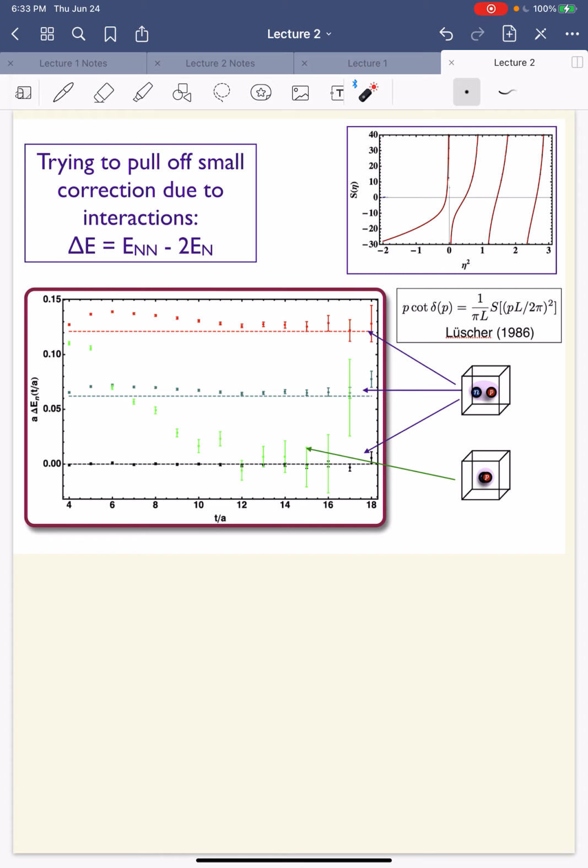And if you think about this zeta function, this S function that we plug our energies into in order to get p cotangent delta, that's plotted here as a function of the argument. And we know that it has these poles at the non-interacting energies.